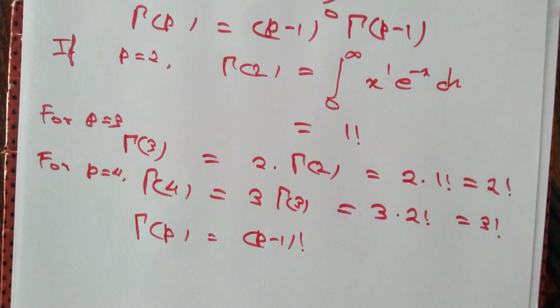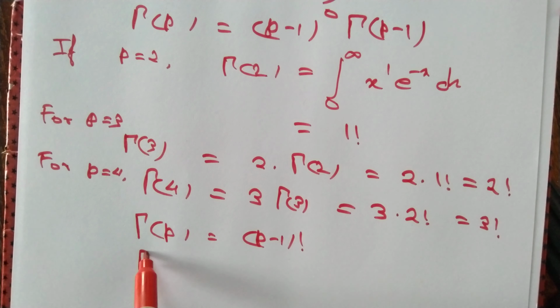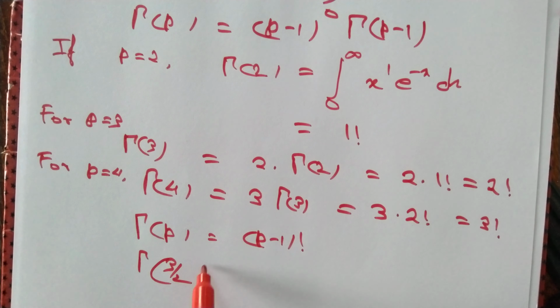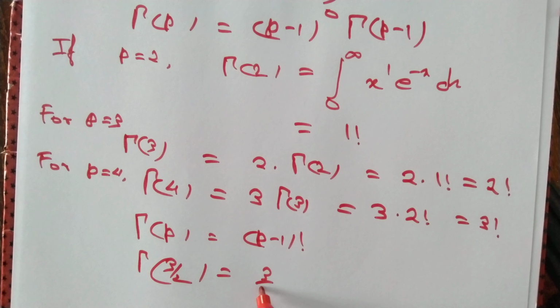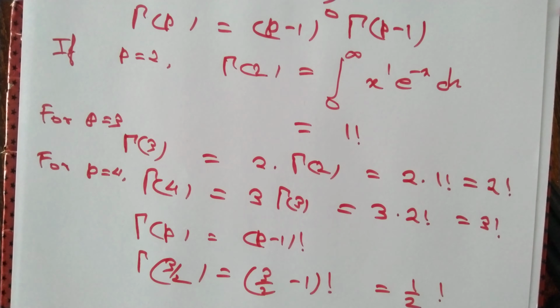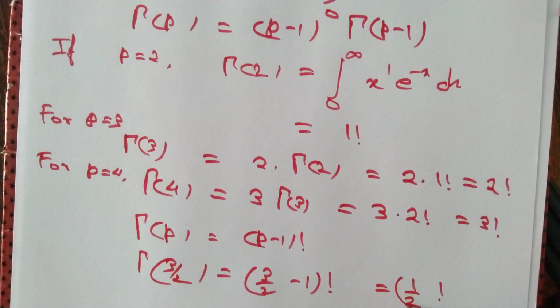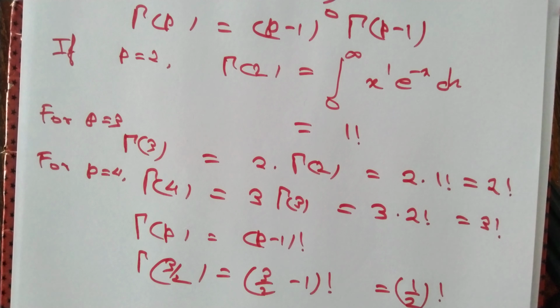Lastly, we want to compute gamma 3 by 2. Gamma 3 by 2 is equal to 3 by 2 minus 1 factorial, that's half factorial. So far so good, half factorial is gamma 3 by 2.